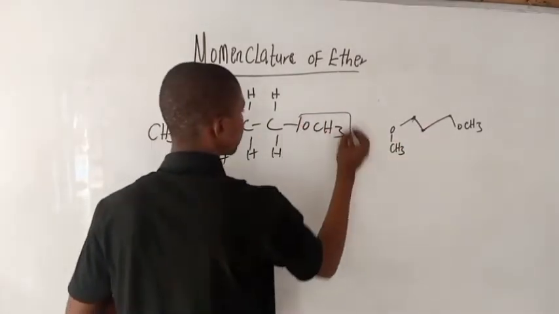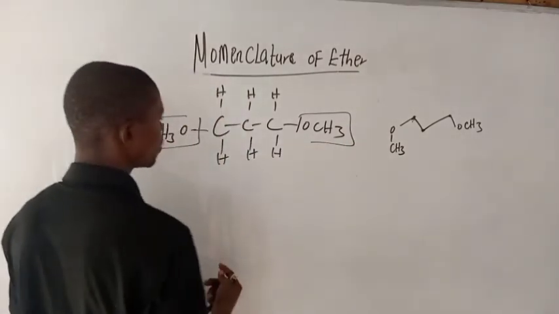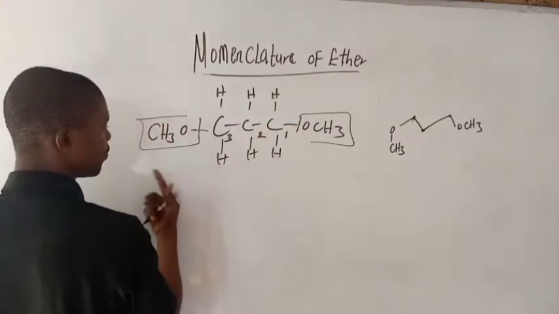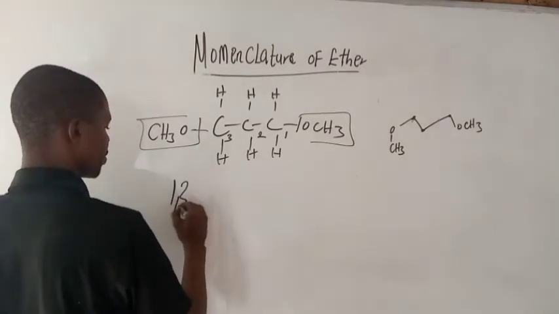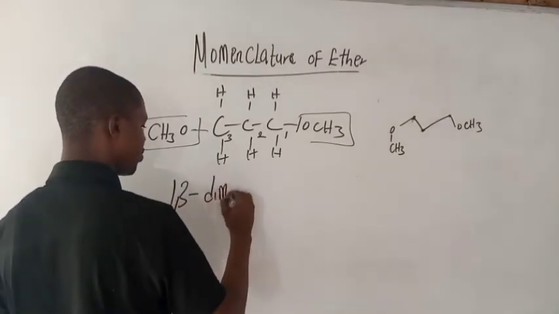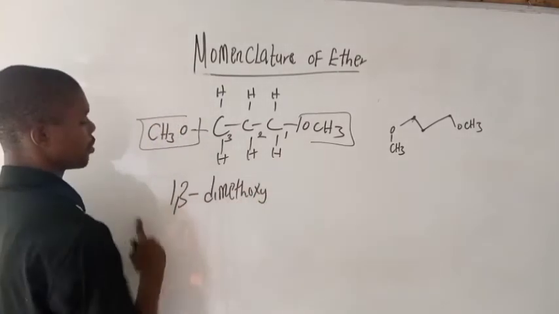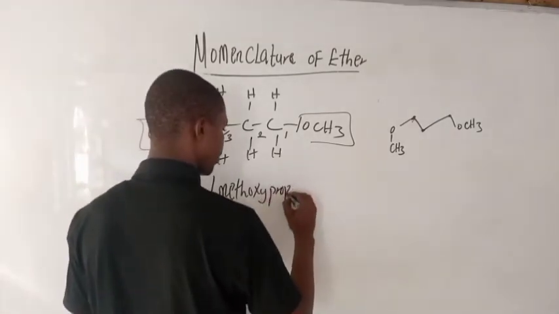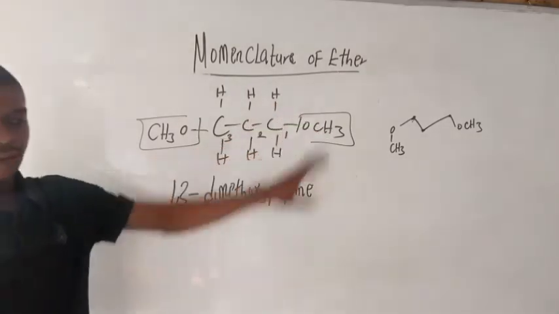Now these two are attached to the end point. So in order to number, from here 1, 2, 3, it's going to be 1,3-dimethyl, without 2-methyl, right? 1,3-dimethylpropene. So that is the name of this one here.